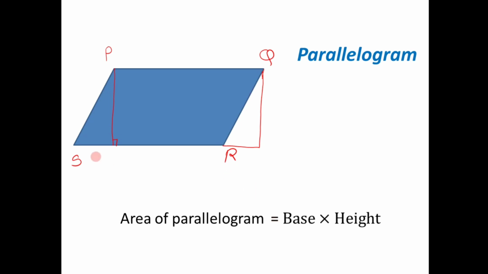So here if we consider the base as the length and this perpendicular side as the height, then the formula for the area of a parallelogram is base into height. So this is the formula for the area of a parallelogram.